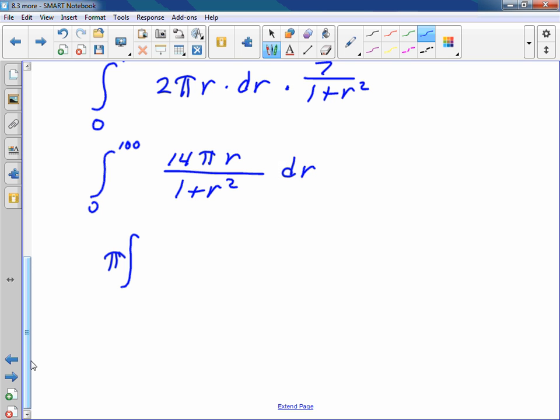No, 14. We can take 14 pi out because those are constants. Times the integral from 0 to 100 of r over 1 plus r squared dr. Okay, a couple different ways you could do that one. You could go r times the quantity 1 plus r squared to the 1/2, or no, to the negative 1. Ew, don't like that.